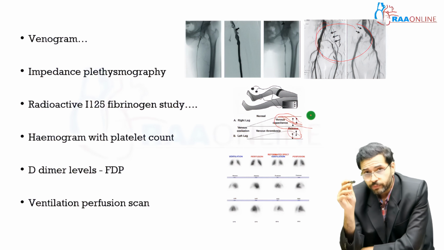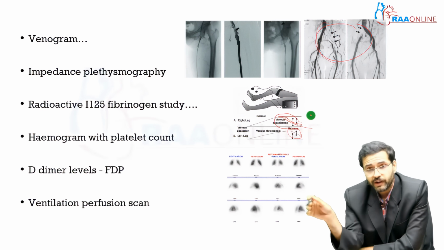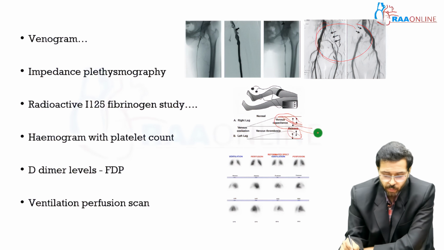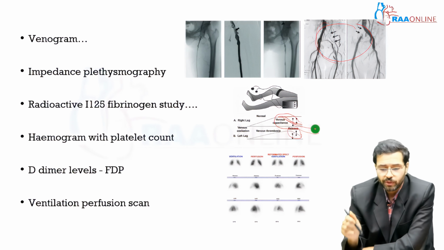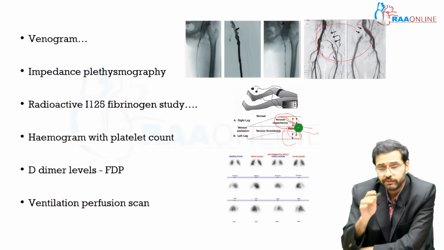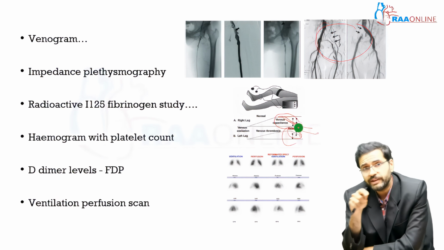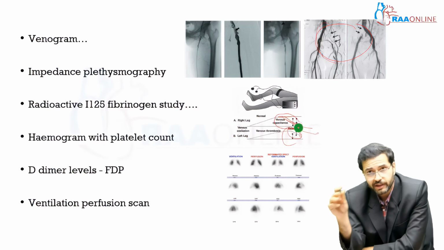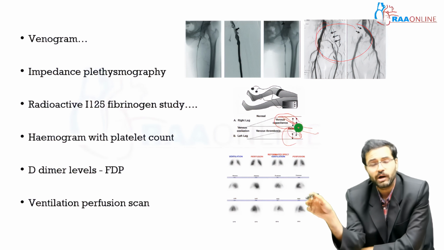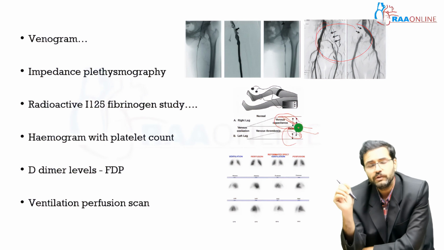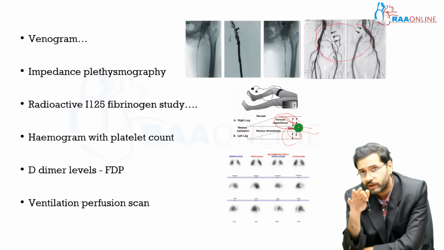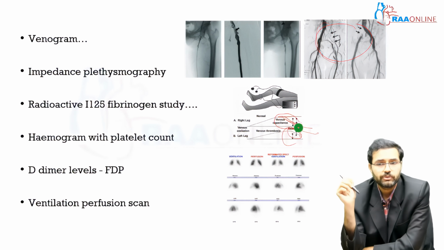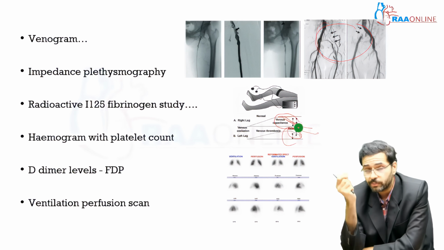The rate of venous flow in a normal limb should ideally be very fast with a classical downward slope, whereas in the setting of a deep vein thrombosis, the flow of venous blood will be very slow, will not have the classical drastic downward curve. You will have a curve which slowly comes down or doesn't come down at all. So this would denote the presence of a thrombus within the deep vein.